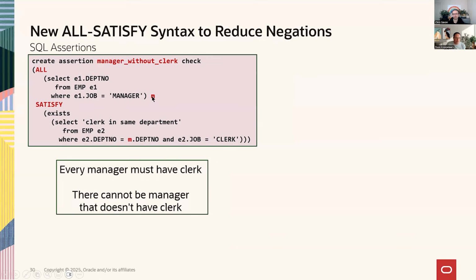So all managers, I have to specify an alias here. For all managers, there must exist a clerk in the same department. So here I'm using that correlated alias. Instead of two not exists, I now have zero nots, zero negations. All managers must satisfy there exists a clerk in the same department.